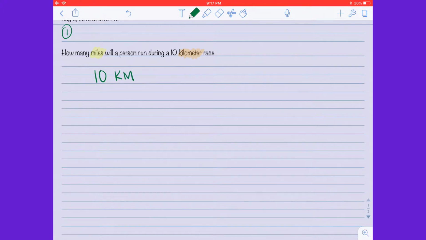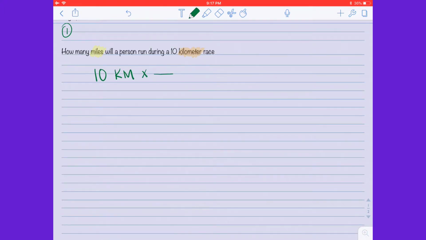Then I'm going to multiply by the conversion. My hope is that my conversion will have miles over kilometers, because kilometers on top and bottom will cancel out.